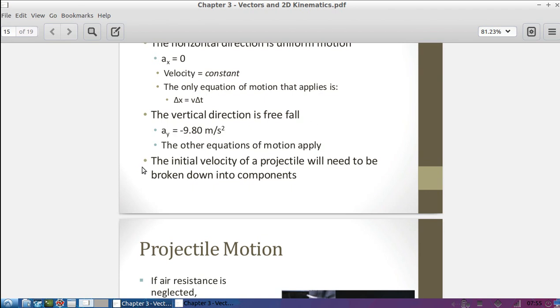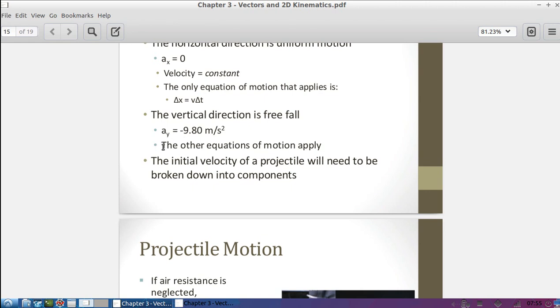In the Y direction, the object's going to be in free fall. It doesn't matter if it's got an initial velocity of 0, a positive initial velocity, or a negative initial velocity. We're going to treat the motion in the Y direction like it's in free fall. The moment it's in the air, it leaves whatever device is launching it, it's going to have an acceleration of 9.8 meters per second squared in the negative Y direction.